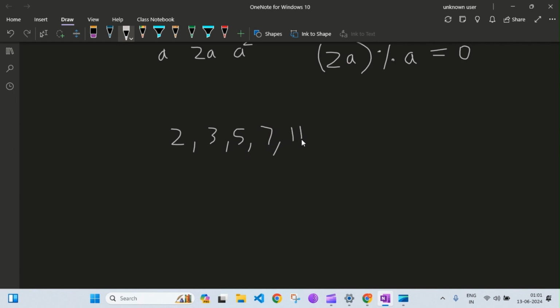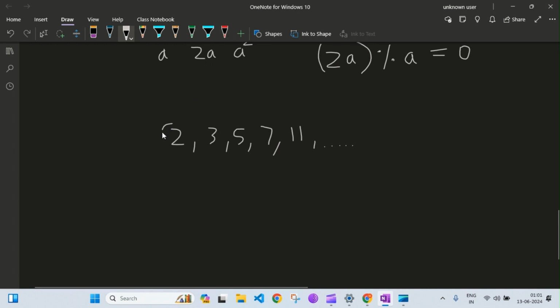So we have to pick three prime integers. This list will continue, I am not going to discuss further on that. So let's just try to pick any three except this 2, right?